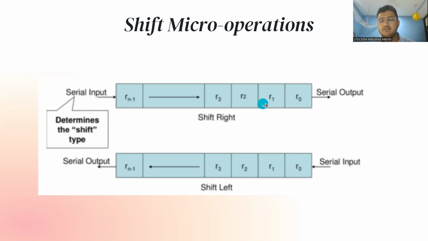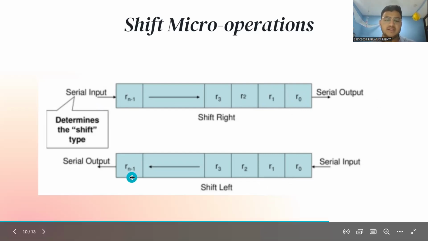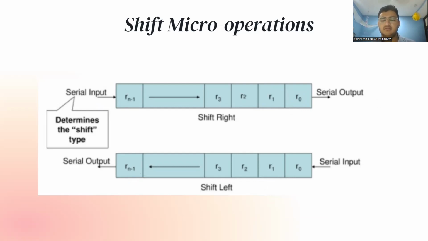So here R1 will go to the right, R2 will go to the right, which means all the bits will shift right by one place. Next is shift left. Shift left is exactly opposite of shift right. The least significant bit will be removed from the data, and all the bits will be shifted or transferred by one bit to the left side.